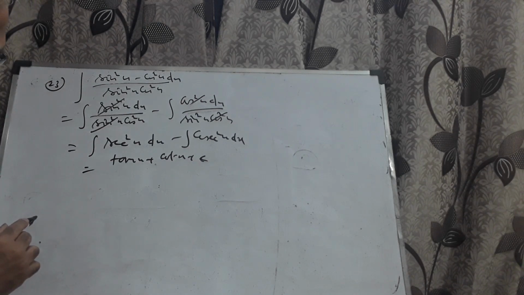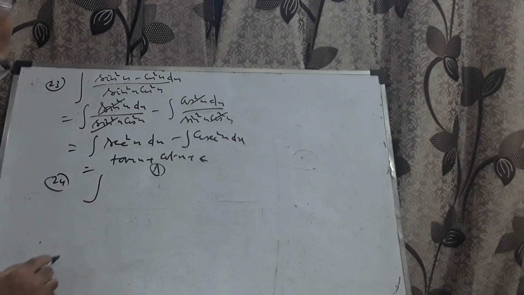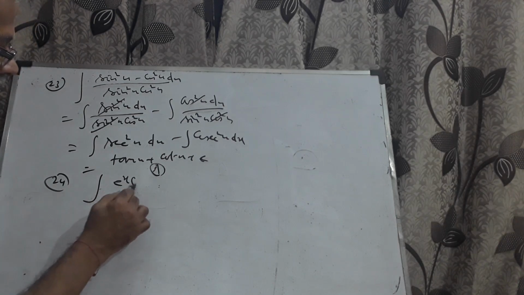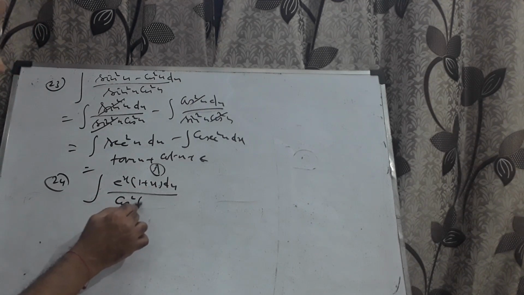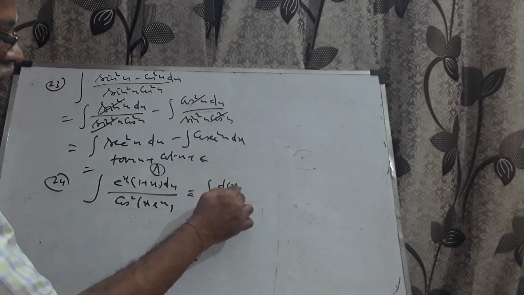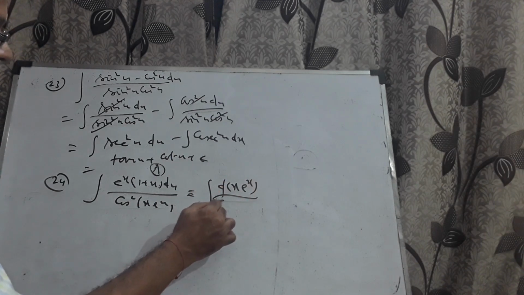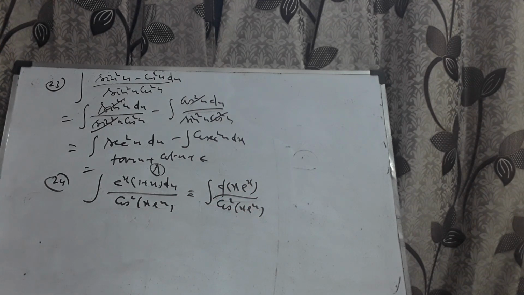Now here the answer is A. Answer is A in the textbook. Then integral e power x into 1 plus x dx divided by cos square x e power x. If you observe carefully, the numerator is d of x e power x. Just apply the product rule.